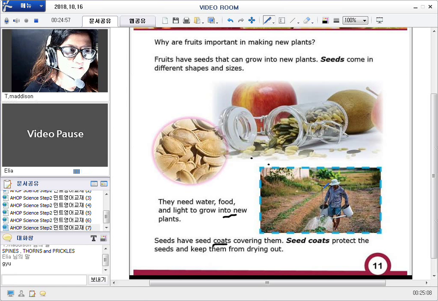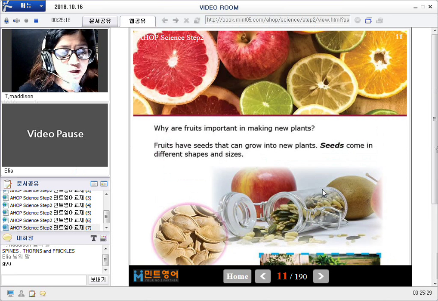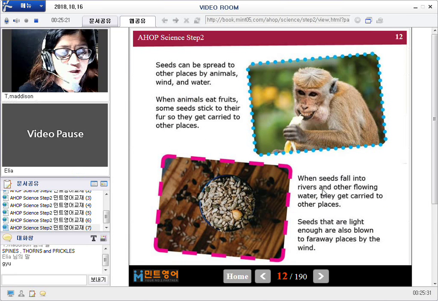They need water, food, and light. And what keeps the seed from drying out? Seed coat. Very good. Some questions will also be asked in the end part.